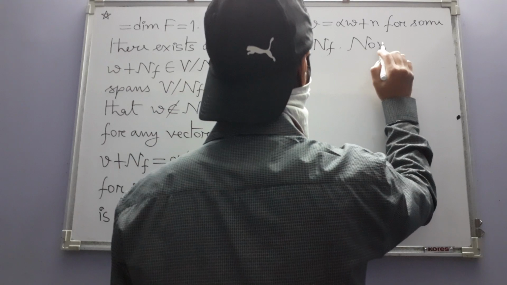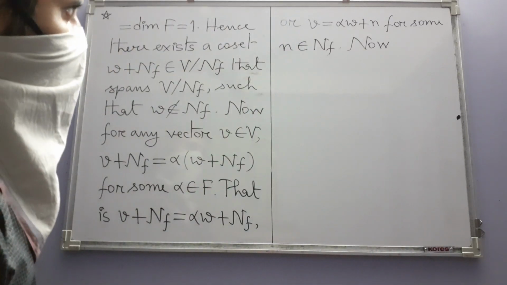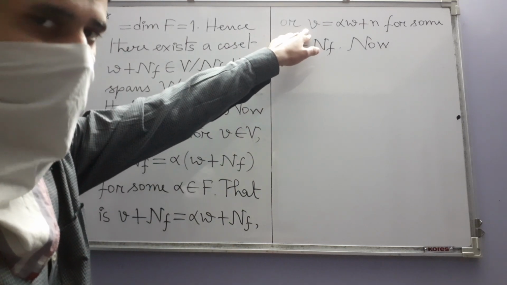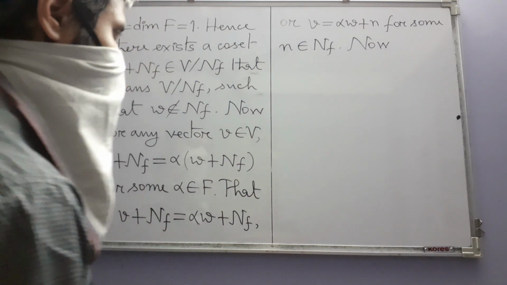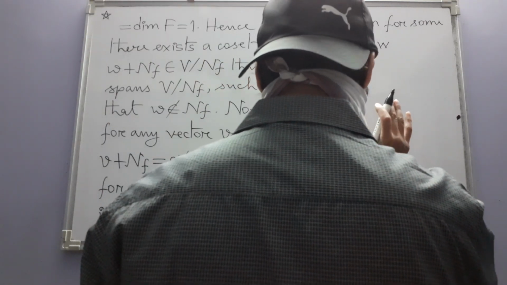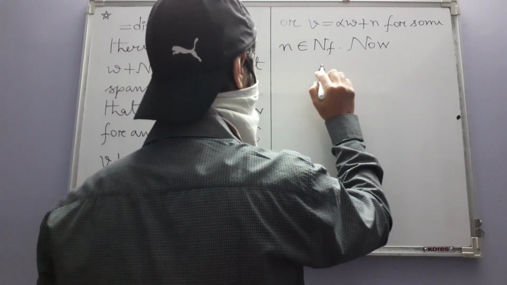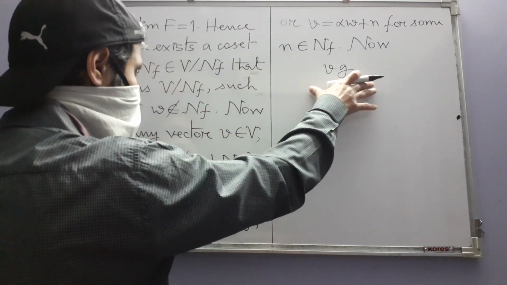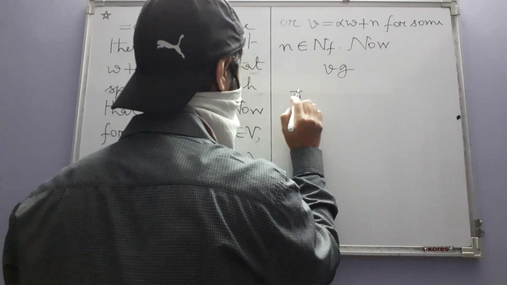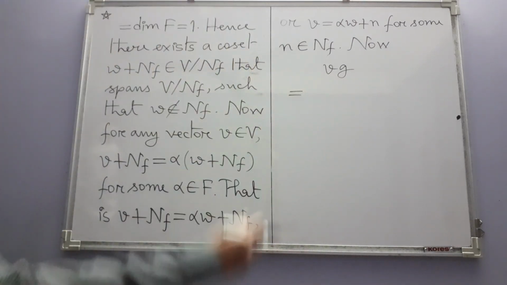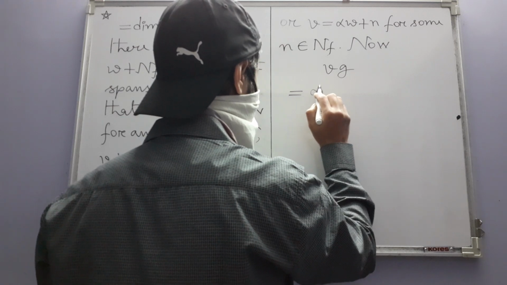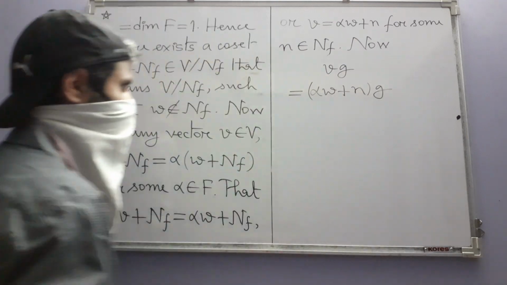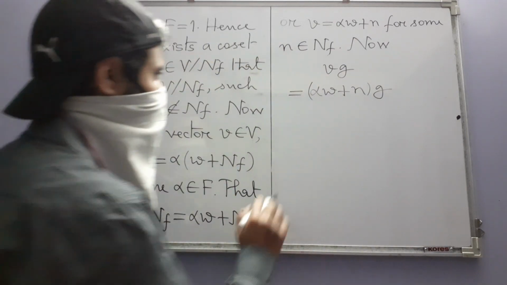Now what we do? Now we calculate the g image of v, that is vg. I think that's what we have done. Now, since this is the final calculation, let me write that like this in the equation array format. vg is equal to, we have an expression for v, so let's substitute that, alpha w plus n g, because g is after all a linear transformation.